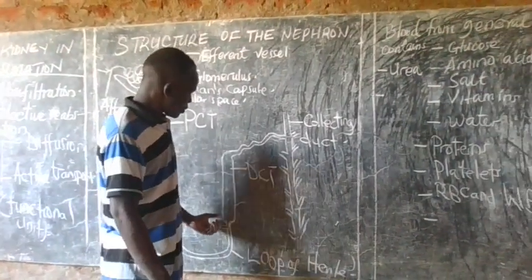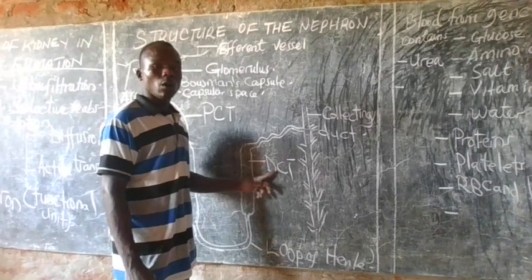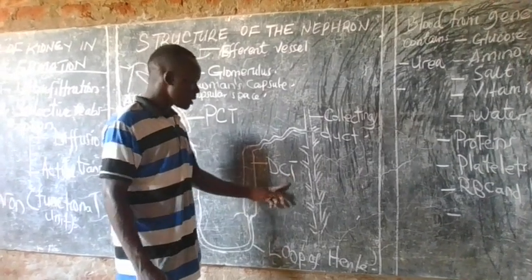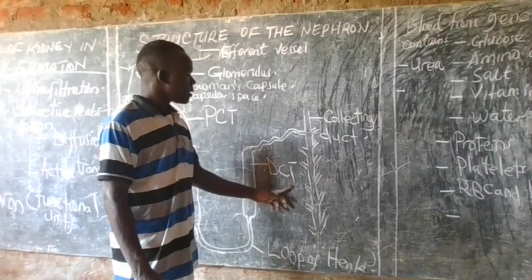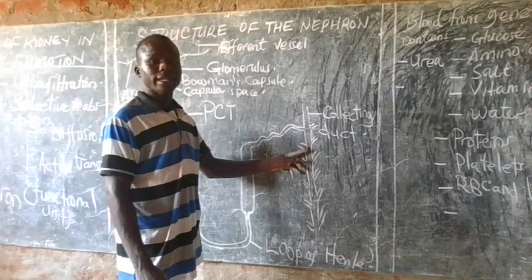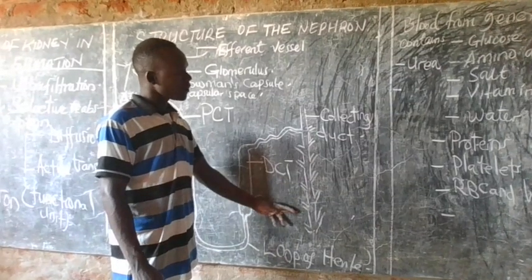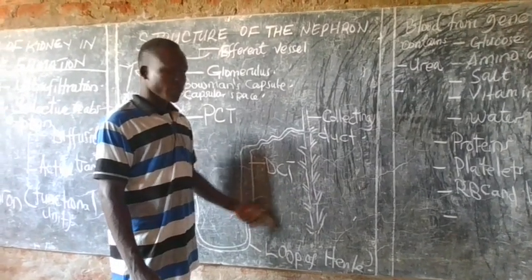Then as you go up, we find the distal convoluted tubule, the DCT. Then as you go further, you find the collecting duct. The collecting duct is the final part of the nephron.